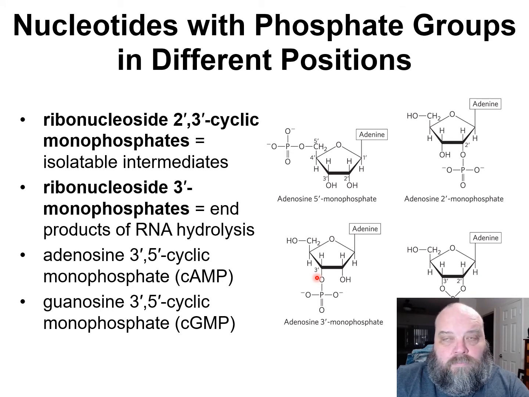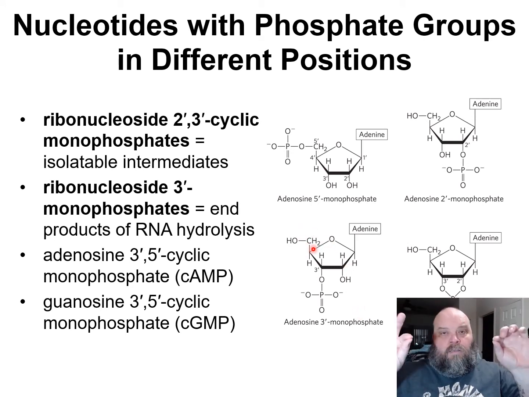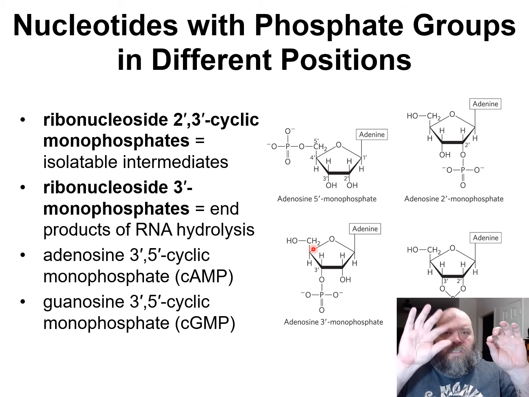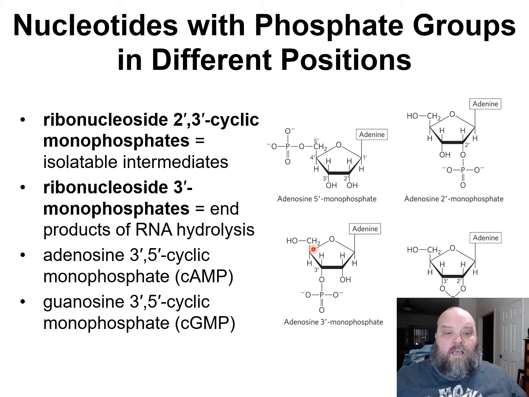Well, if you look here, adenosine 3' monophosphate is what happens when you have an RNA strand and an enzyme comes and cleaves, breaks, hydrolyzes.